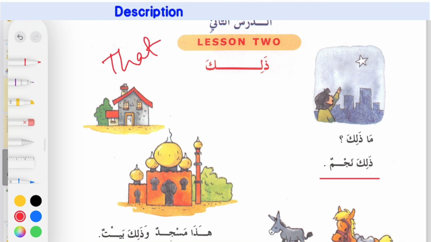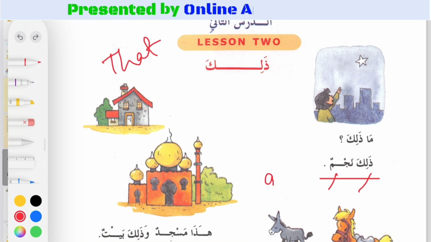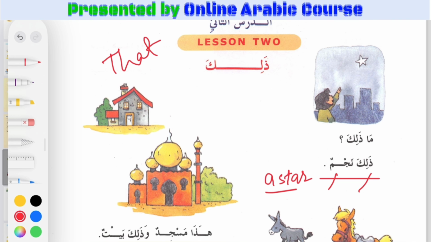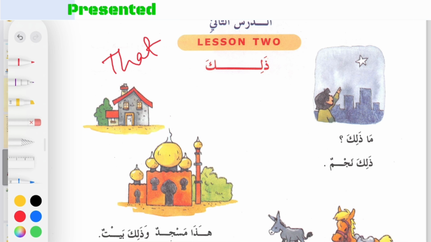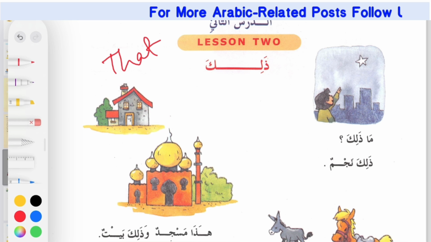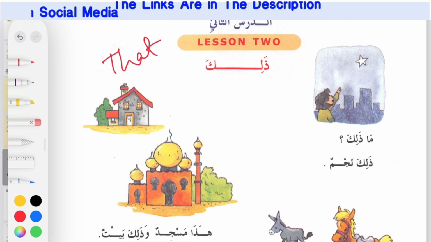That is a star. Dhalik means that and najmun means a star. Already we have understood in the first lesson why we say a star. So the meaning of this sentence dhalika najmun is that is a star. Hope you got it. Ma dhalik, what is that? Dhalika najmun, that is a star.